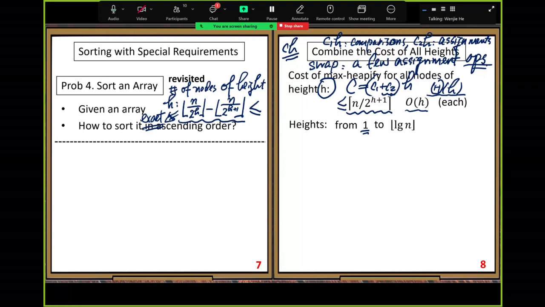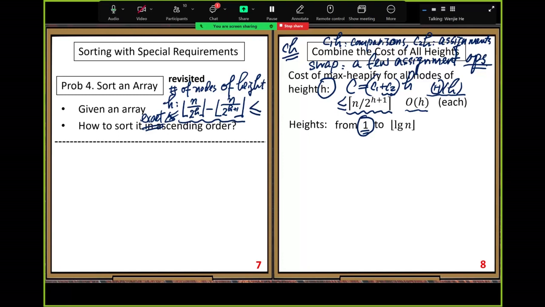A node is dirty only when we compare the value between a parent node and a child node, and then we can find a violation. So for any leaf node there is no violation of the max heap property. So for the leaf nodes we do not need to do any work. We start the fixing work for height H nodes.